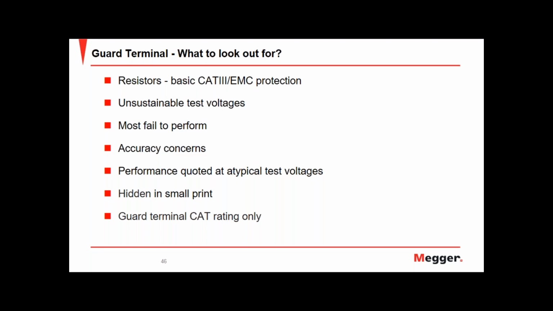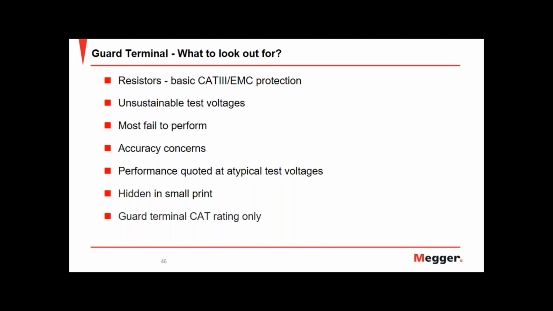Now, most guard terminals fail to perform well, so you have to be very careful when selecting. We mentioned earlier we had accuracy concerns. Is it going to affect the accuracy? Some manufacturers quote the performance of their guard terminal at atypical test voltages.